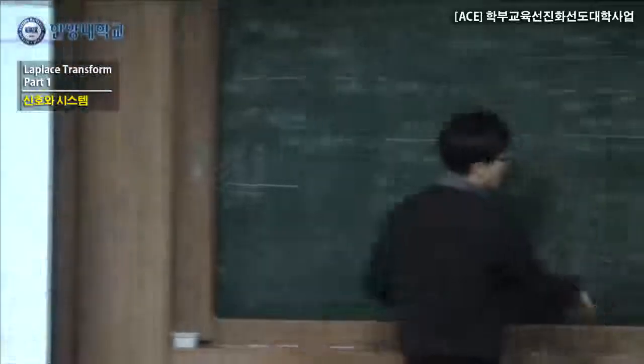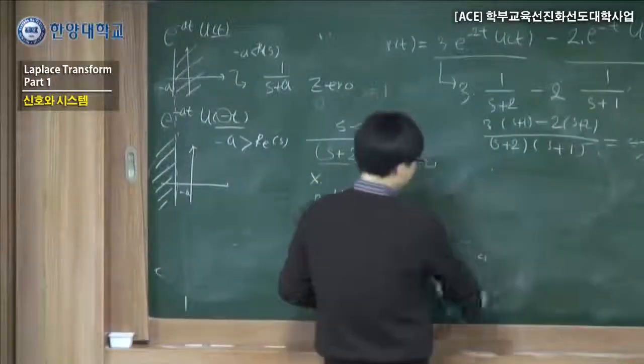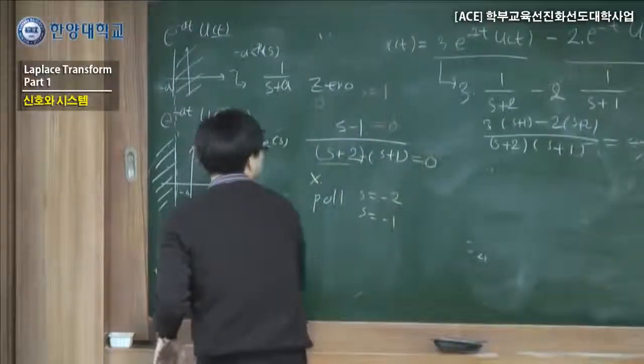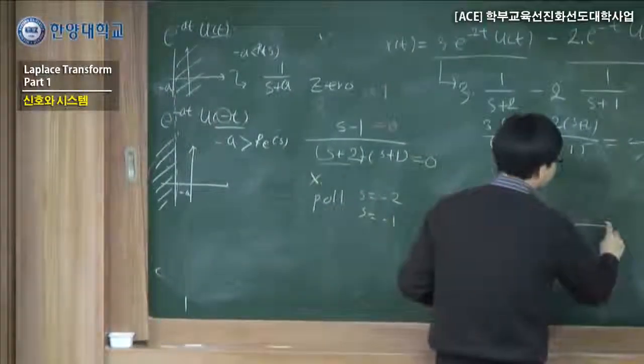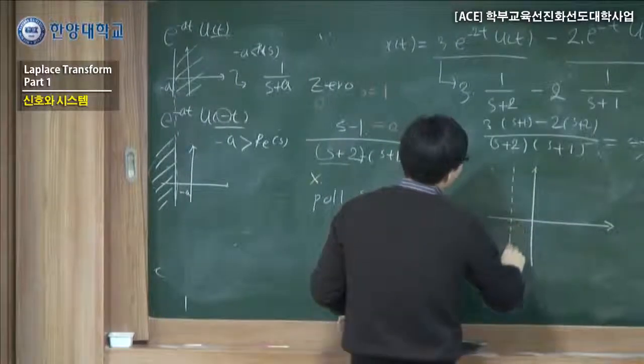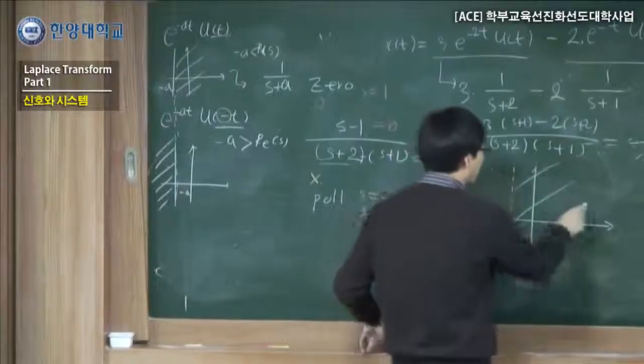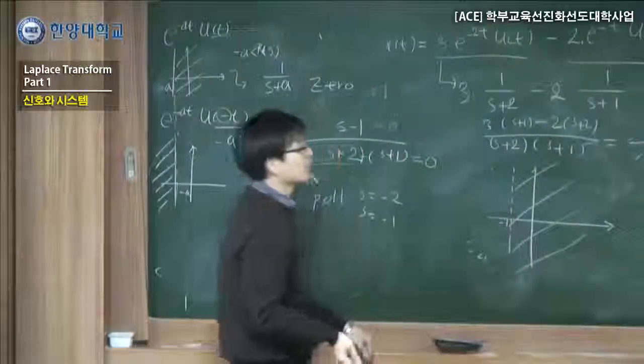So let's go back to here. Let me redraw this. So the region of convergence in this case is larger than minus 1. That is our region of convergence.